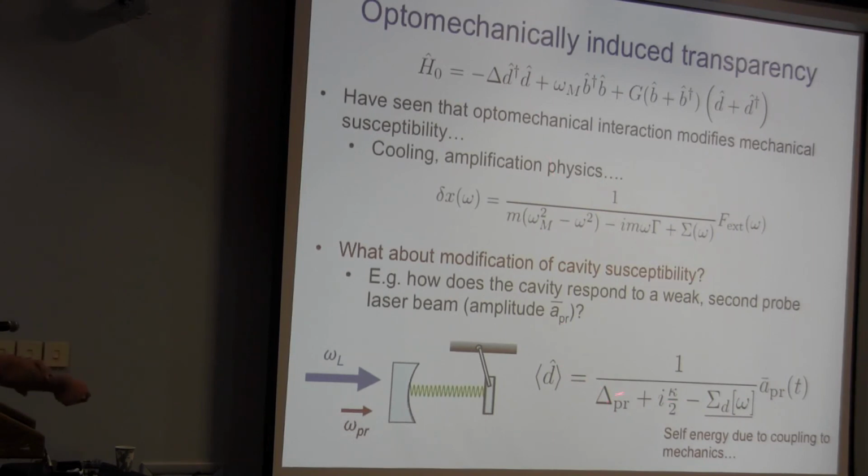In this rotating frame, I have the detuning of the probe, the frequency of the probe minus the frequency of the cavity, and I have the damping rate of the cavity. And so if I just had that, this would basically just give me a Lorentzian response. Now, with the interaction with the mechanics, I'm going to get a modification, exactly like we got a modification of the mechanical resonator.